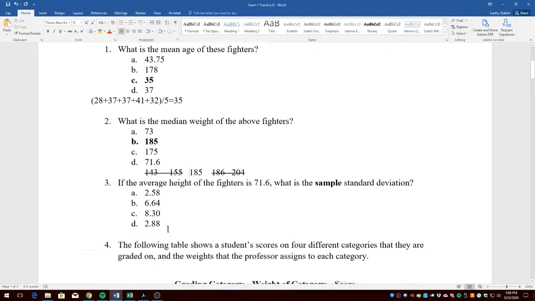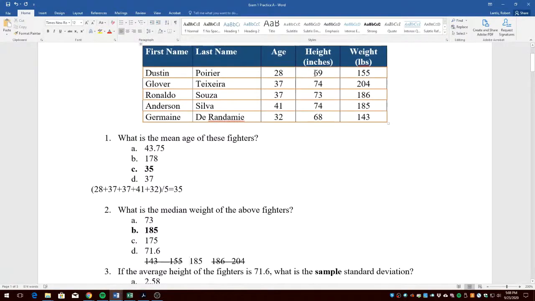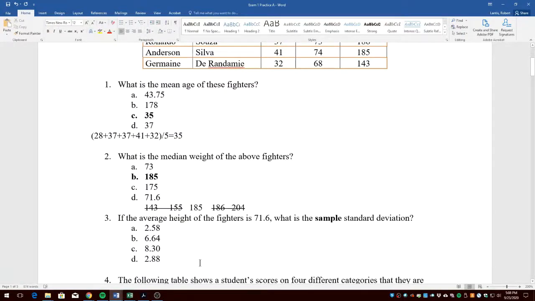Okay? So if I'm looking at this data, I just start out, I take 69, subtract that mean of 71.6, square it, add to that 74 minus 71.6 squared. So I'm just going to start typing those out.